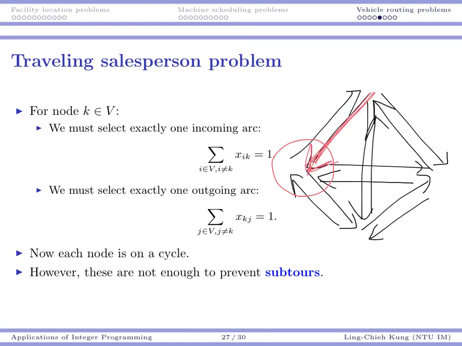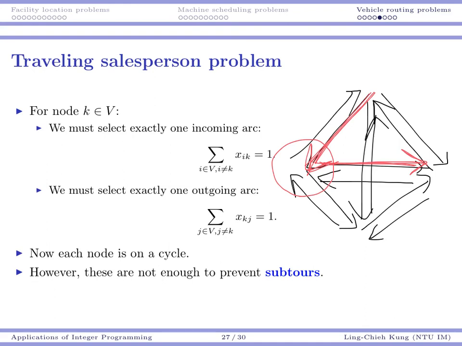And then for outgoing arcs, this one and this one, I also need to select one of them. So let's say I select this one. Obviously this must be satisfied for every node. So for every node, there will be an incoming arc and an outgoing arc. Then eventually every node will be on a cycle.